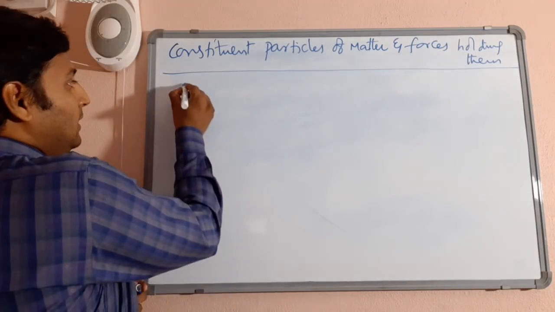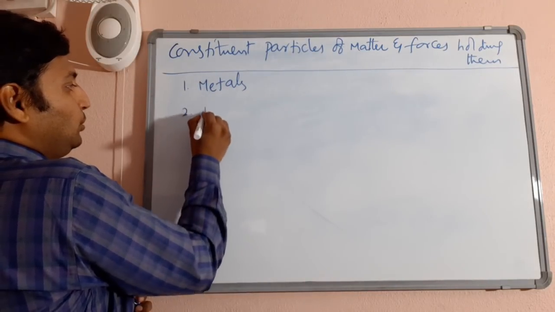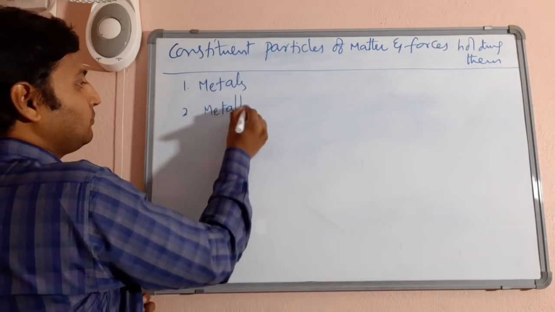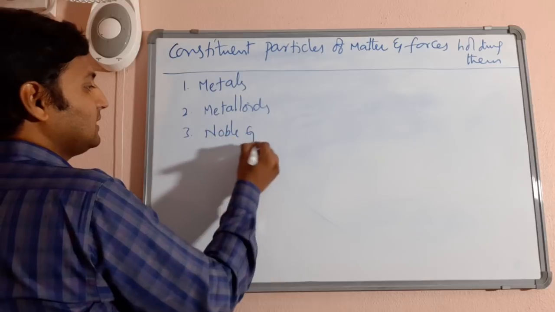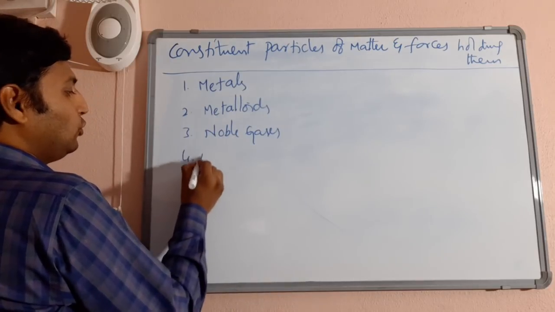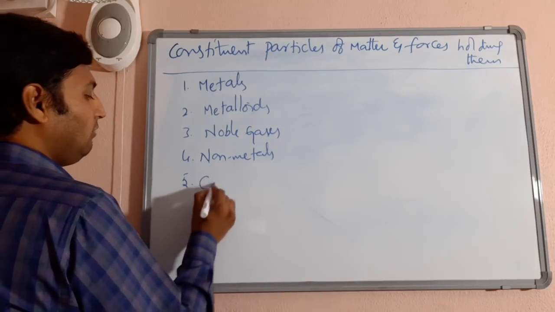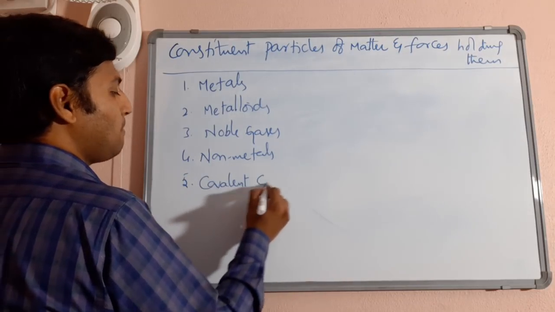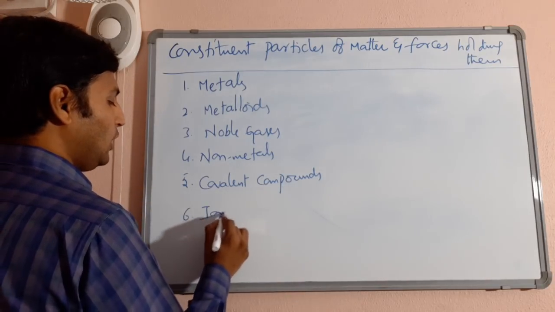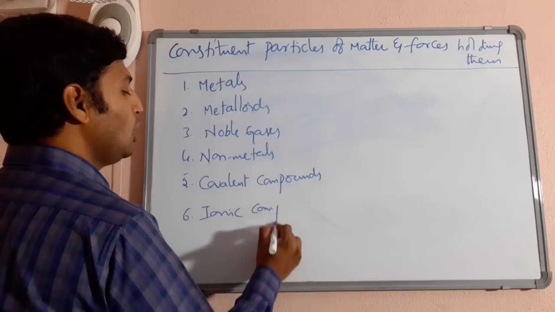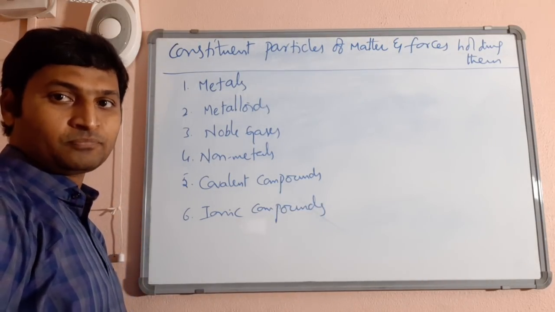They are: number 1, metals; number 2, metalloids; number 3, noble gases; number 4, non-metals; number 5, covalent compounds; and number 6, ionic compounds. Covalent compounds are otherwise called molecular compounds. I'll tell you why.